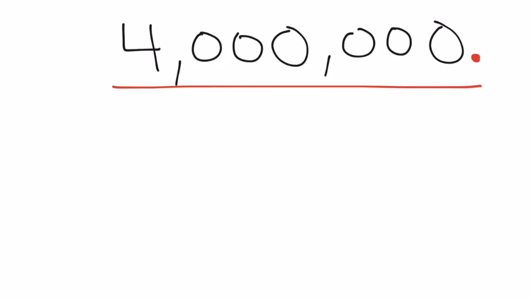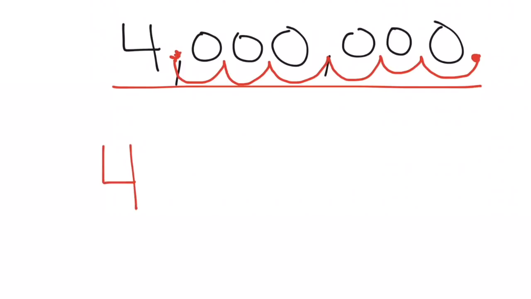Now, I'm going to move the decimal point back until I have a whole number between 1 and 10. And as I do it, I'm going to count how many times it takes. So it takes 1, 2, 3, 4, 5, 6 times. And if I put the decimal here, you'll notice that I have the number 4.